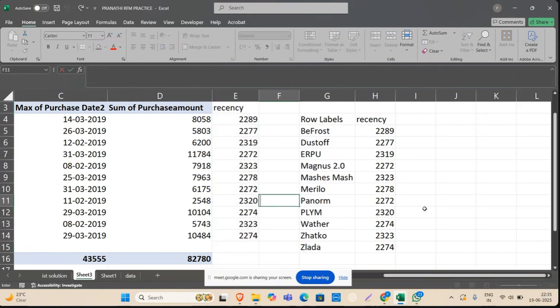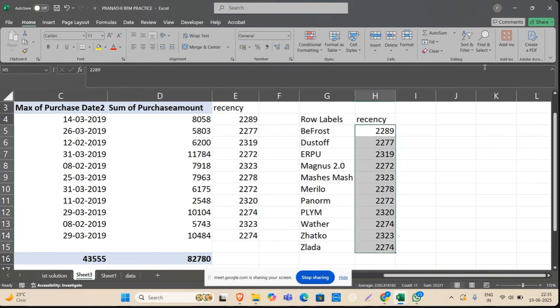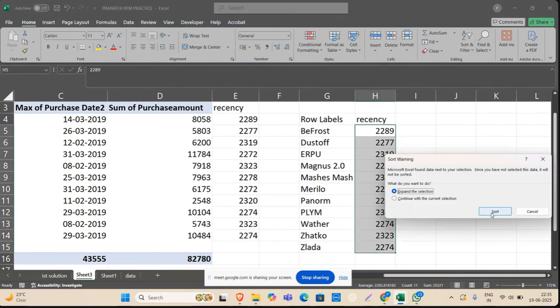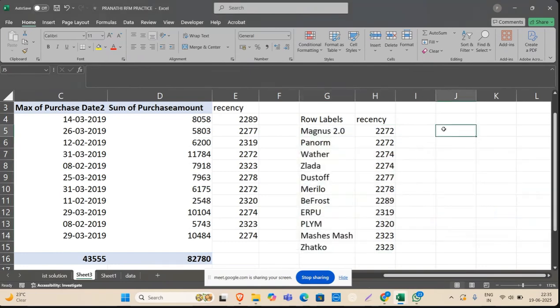Then I pasted the row label and recency here, and then I have to sort the recency from smallest to largest. Okay, so I have sorted this. Now I have to find the range and interval.